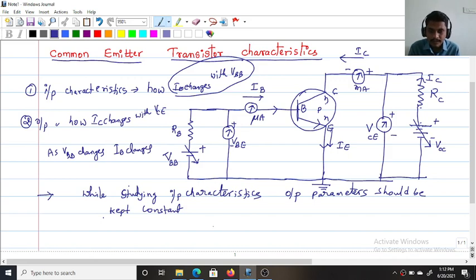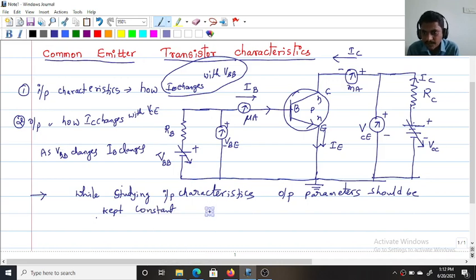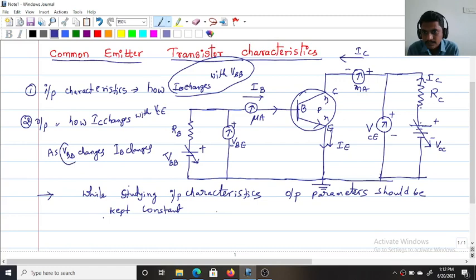When you change VBB, IB also changes. But we know that IC depends on IB. When you change IB, IC also changes.